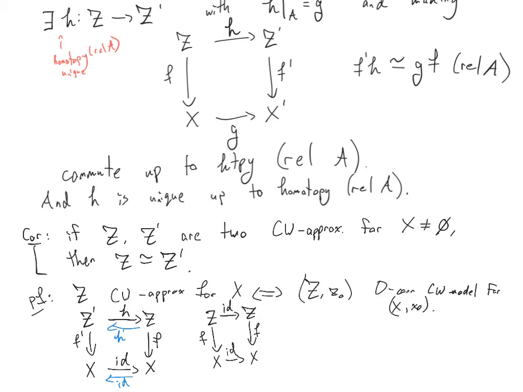I could pick the identity map from Z to Z. That definitely makes this square commute on the nose, so it commutes up to homotopy. So in particular, any other choice, this theorem tells me, has to be homotopic to the identity, and this means the identity on Z is homotopic relative its base point to H prime of H. And doing the same argument the other way, you can see that the identity on Z prime is homotopic relative its base point to H of H prime, and therefore H and H prime give homotopy equivalences between Z and Z prime.